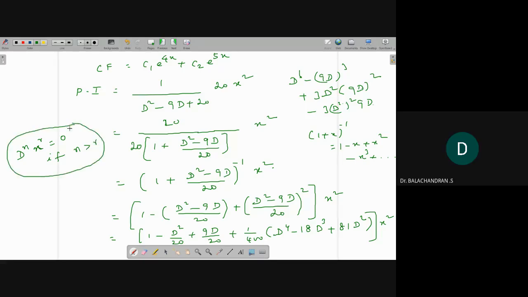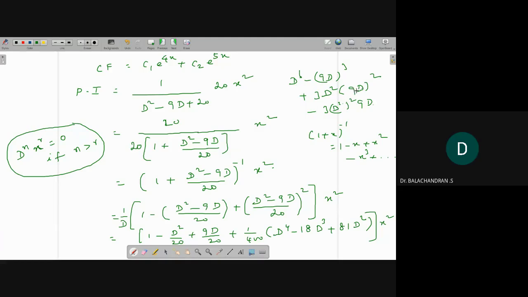Your answer and the book answer may vary by a constant. Suppose I have here 1 by d, like this. Then somebody will write the next term, that is a d cube term.